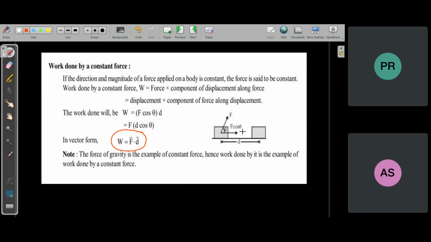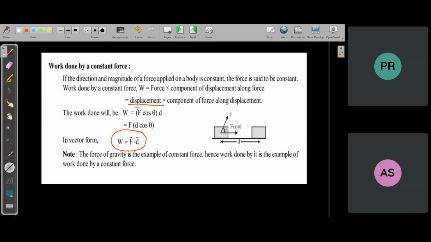Now, F D cos theta can also be written as F cos theta into D, right? Where F cos theta is that component of force which is in the direction of the displacement. So you can also express the work as displacement multiplied with the component of force along the displacement.